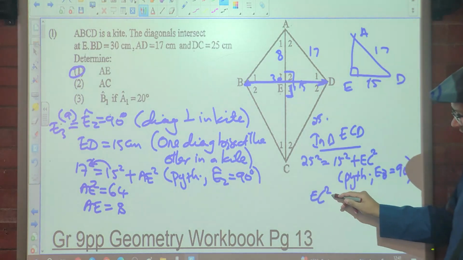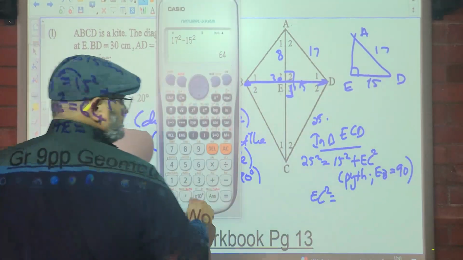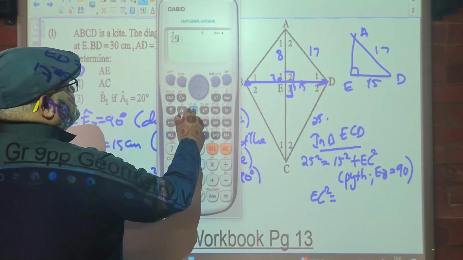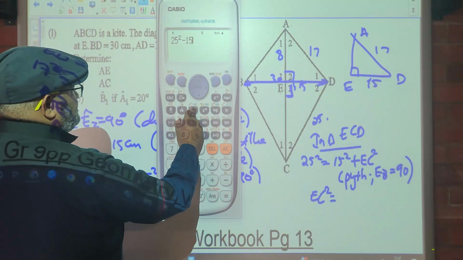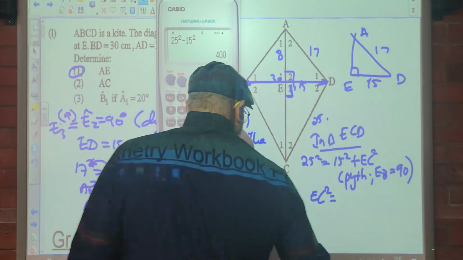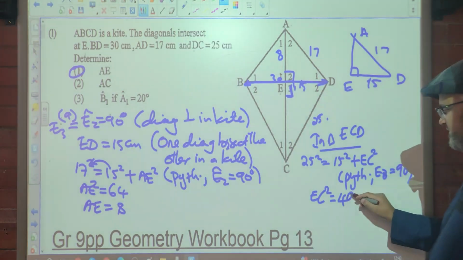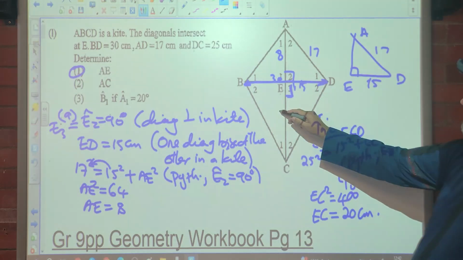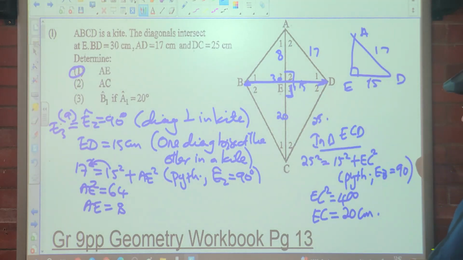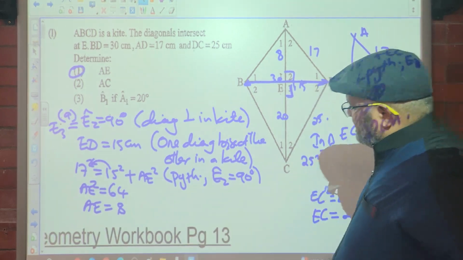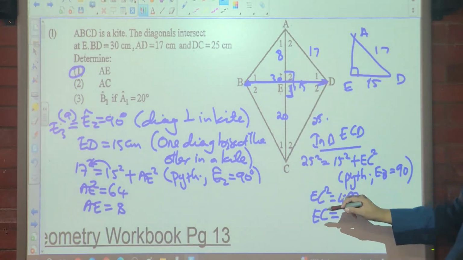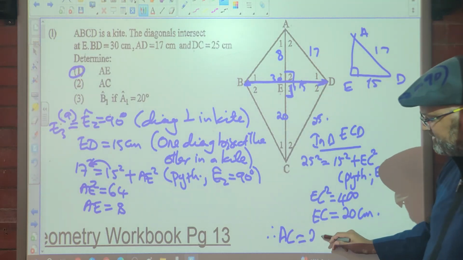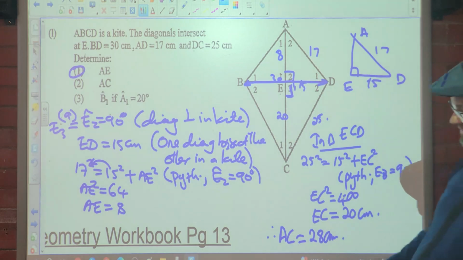So EC squared is equal to 25 squared minus 15 squared, which is 400, and the square root of 400 is 20. Have you answered the question? The question was to calculate AC. So therefore, AC is going to be 8 plus 20, which is 28 centimeters.